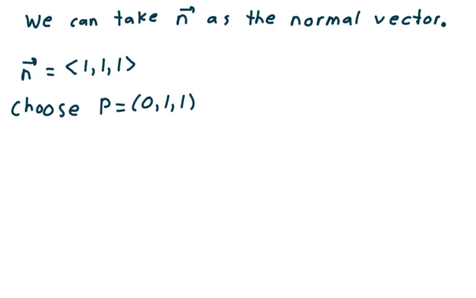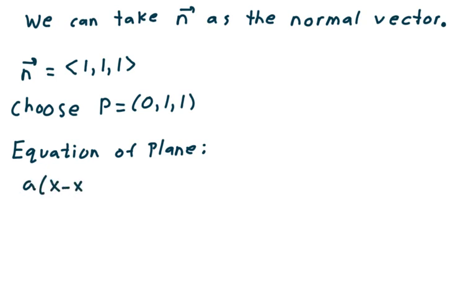Now, what's the equation of a plane? In general, the equation of a plane is A times (x minus x naught) plus B times (y minus y naught) plus C times (z minus z naught) equals 0.